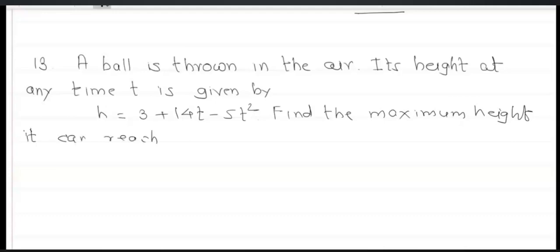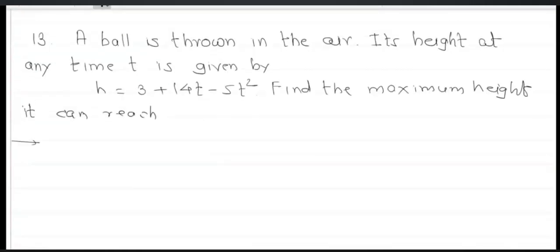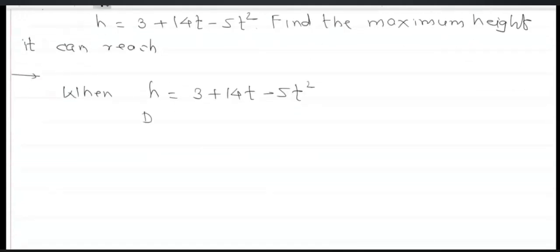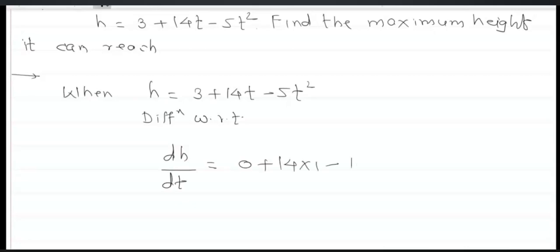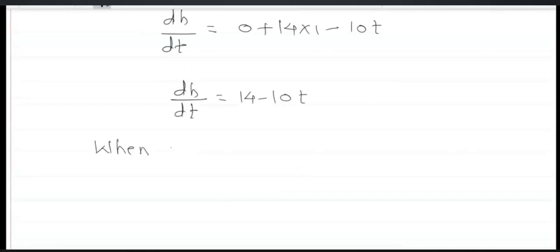Find the maximum height it can reach. When h = 3 + 14t - 5t², differentiate this with respect to t. Derivative of 3 is 0, plus 14 into 1, minus 10t. dh/dt = 14 - 10t.